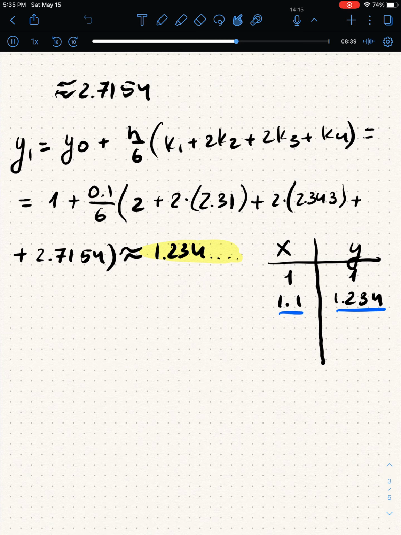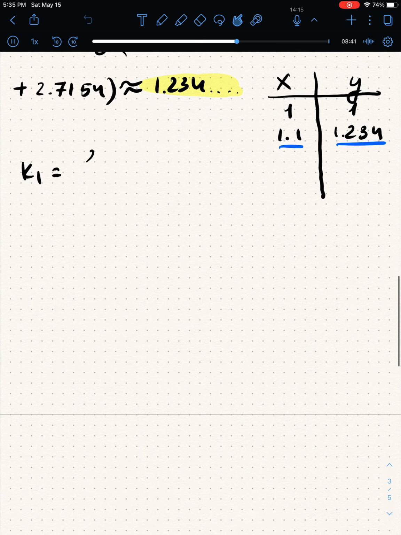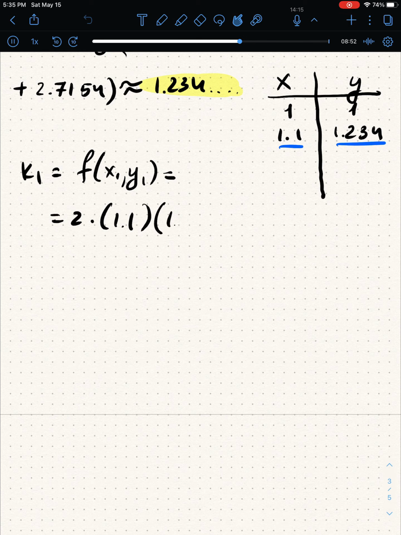Let's do that. For K1, remember, it's f of x1, y1. And that is 2 times 1.1 times 1.234. We get the value to be approximately 2.7141. For K2, it changes a bit as well.